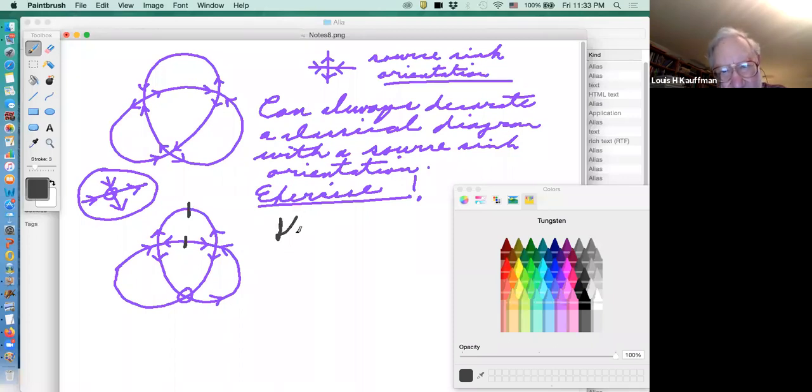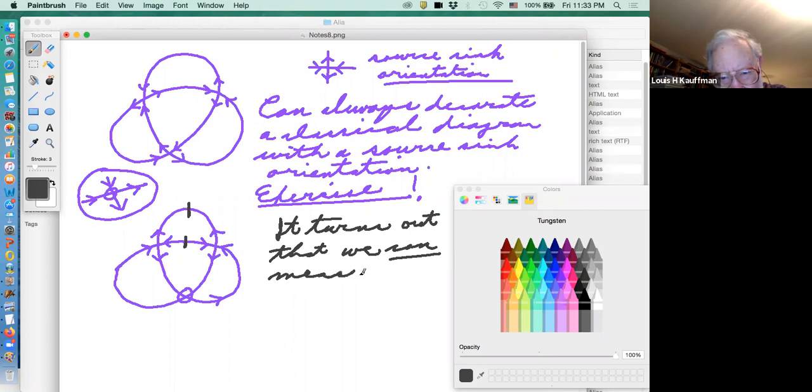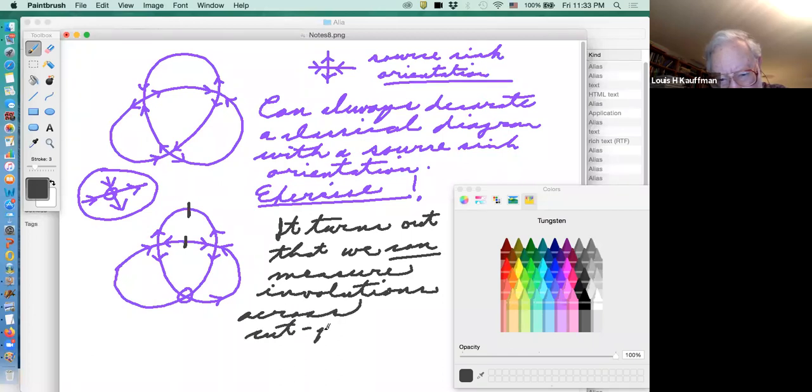So it turns out that we can measure involutions across cut points.